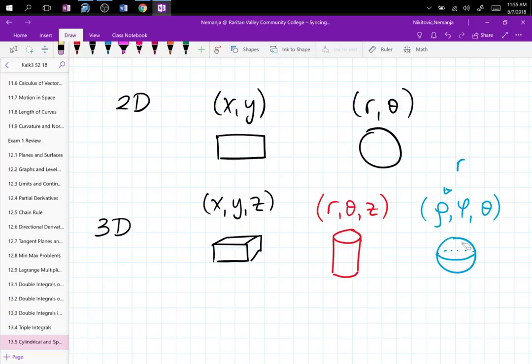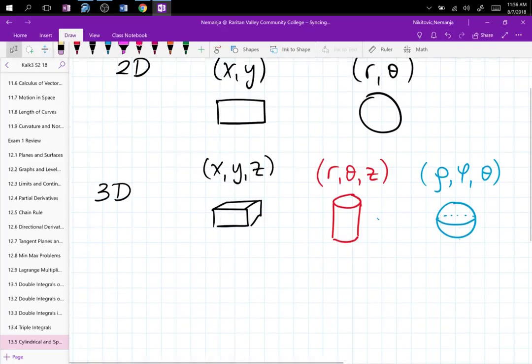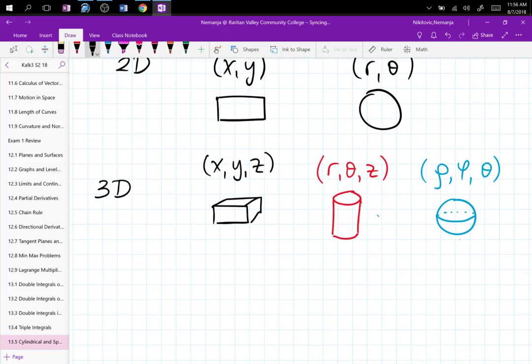So what we have here is two coordinate systems in 3D that have polar coordinates as the base, and then we have either a straight upgrade, straight walls up for our z, for the cylindrical coordinates, or a rounded angle, which gives us the ability to curve the polar in a third dimension, which gives us spherical.